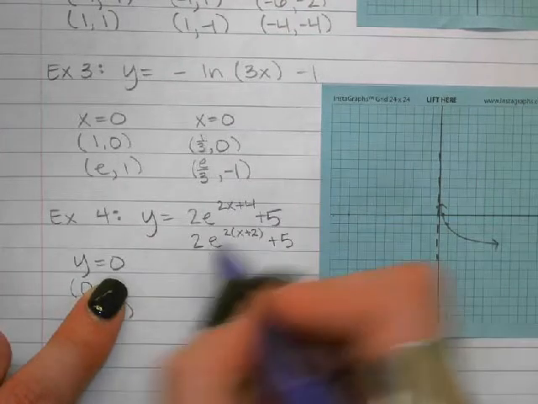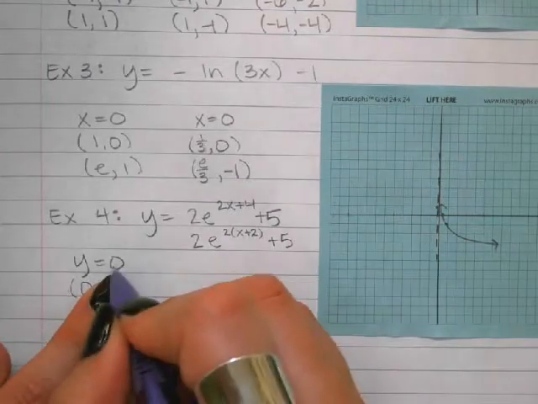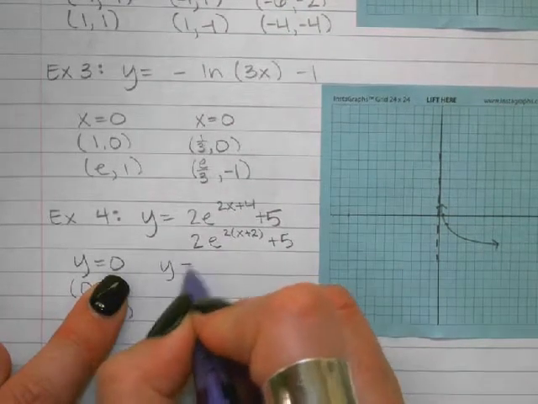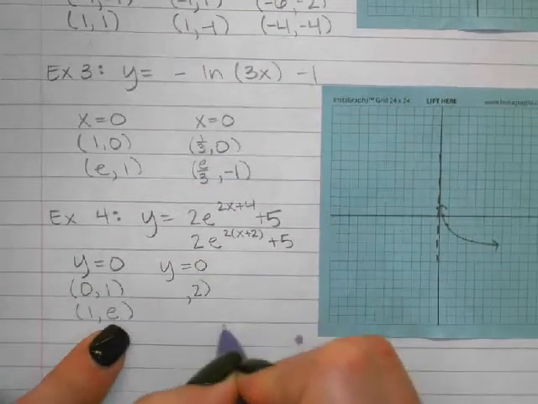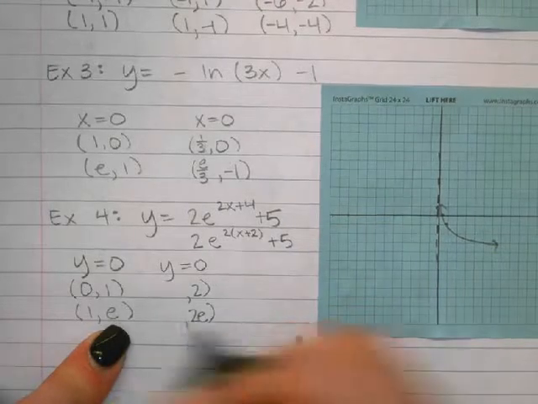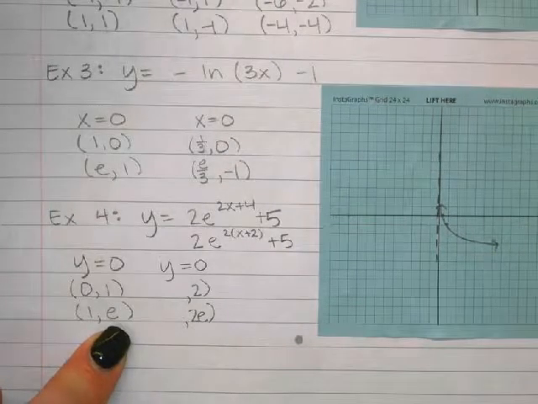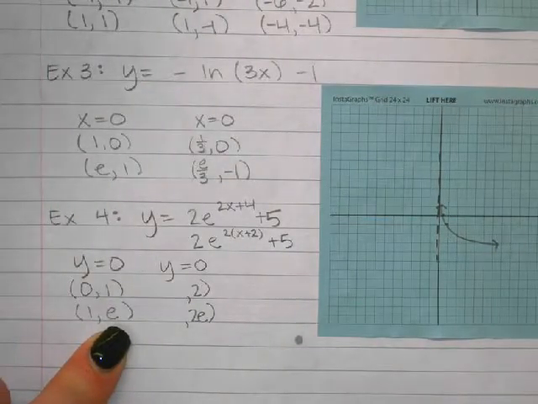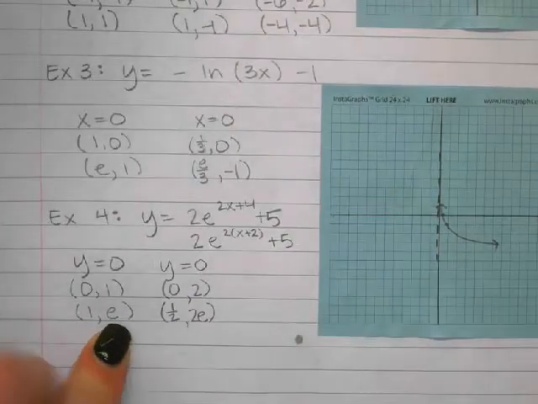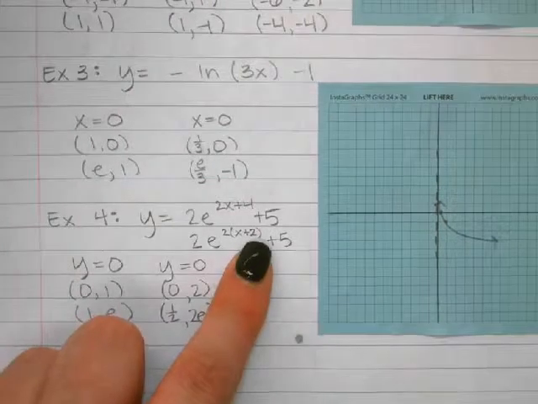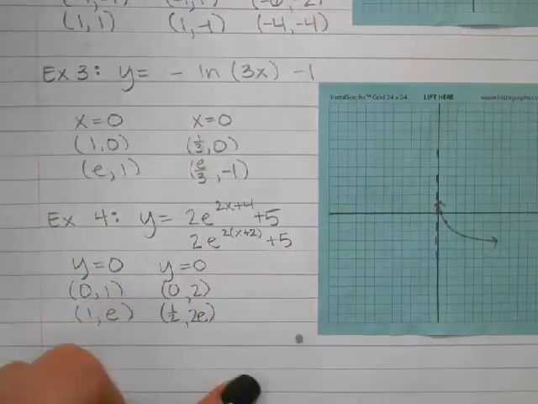So I'll go ahead and do that vertical stretch first. This is a y value, so I'm going to multiply it by 2, and it's still 0. Multiply it by 2, multiply it by 2. And then with the x coordinates, I'm going to multiply those by 1/2. Okay. And now I can go ahead and shift to the left 2 and up 5.